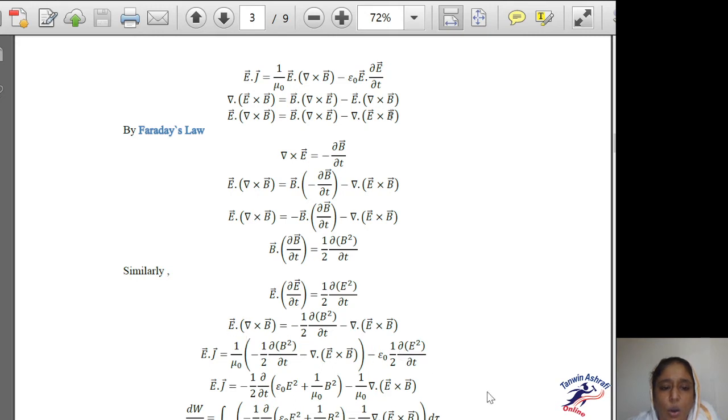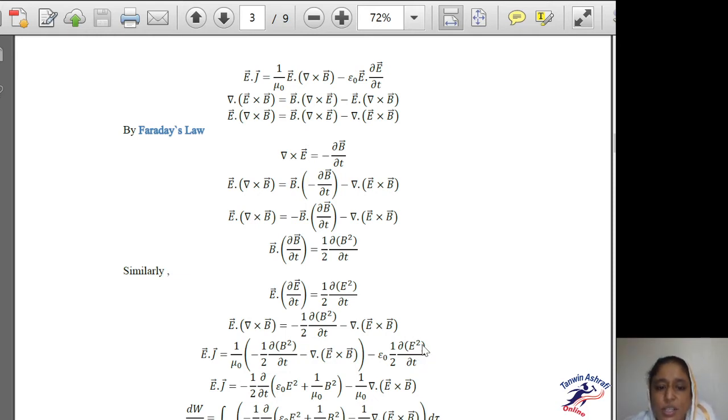Now, further we go. This equation we will substitute into E dot J in place of E dot del cross B. Therefore, E dot J is equal to 1 upon mu naught times minus 1 by 2 del by del t of B square minus del dot E cross B, minus epsilon naught half del by del t of E square.